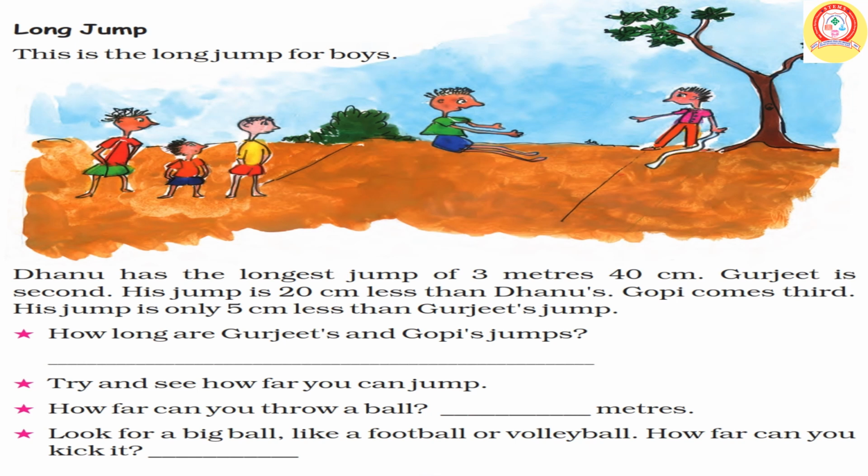So Gopi's jump is 5 centimeter less than Gurjeet's jump. That is 3 meter 20 centimeter minus 5 centimeter, and you will get 3 meter 15 centimeter. That is the jump of Gopi. Did you understand children?